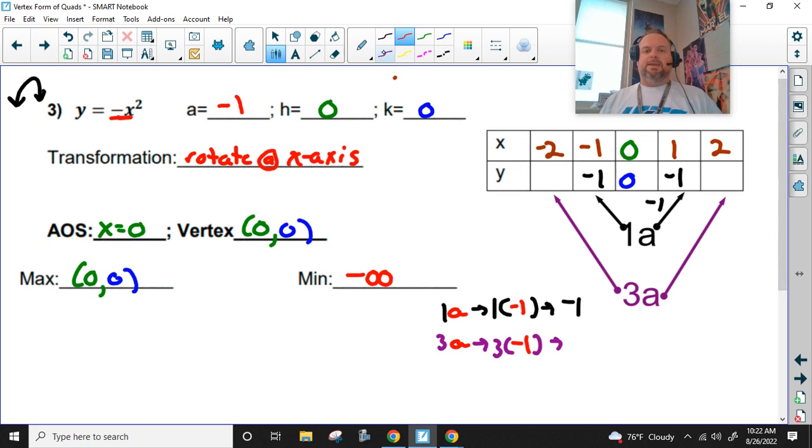Now for 3A, we have 3 times -1, which is -3. So we take -1 minus 3, or -1 plus -3, either way.